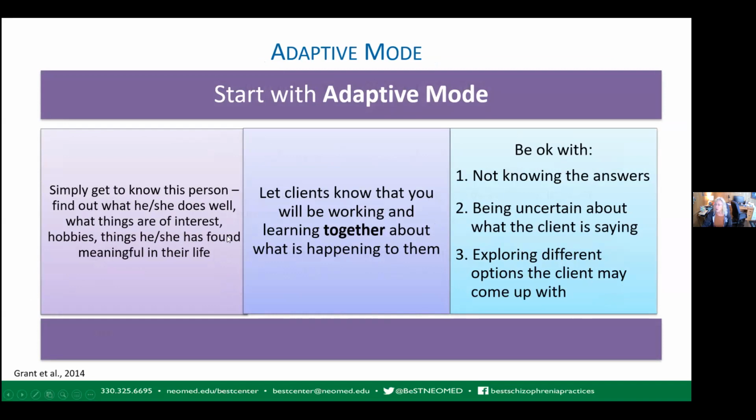The first thing I would want to remind everybody is that when we work with folks, psychosis or not, but certainly with psychosis, we want to start in the adaptive mode. Even if you're the assessor, the person who does nothing but assessments, begin to relate to this person with regard to their interests, their strengths, their hobbies, what they enjoy, the things that nourish their soul, just like there are things that nourish your soul, whether that's painting or writing or playing the piano or whatever it might be.